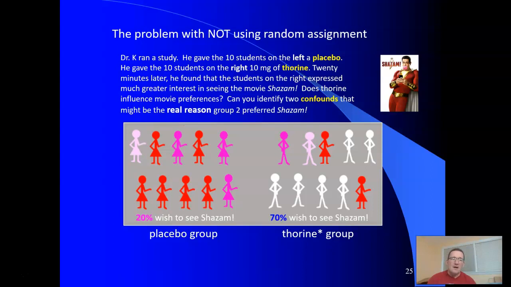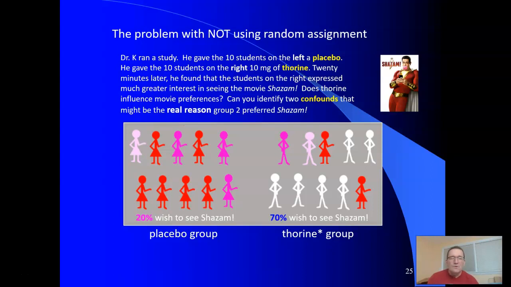The even bigger confound, I think, though, is also pretty obvious. If we do a quick head count of people in the placebo group, every single person is female, whereas in the second condition, what is it, 7 of them, 8 of them? 8 out of 10 people in the other condition are male.